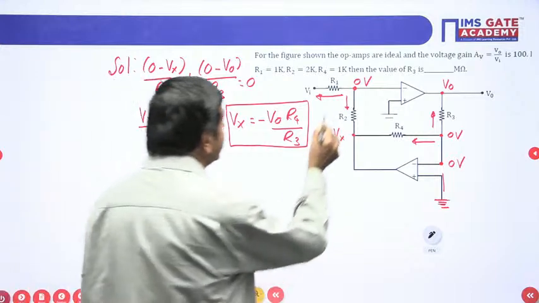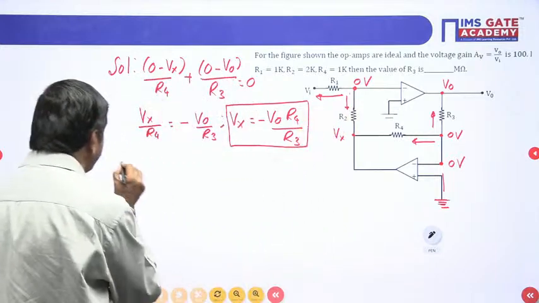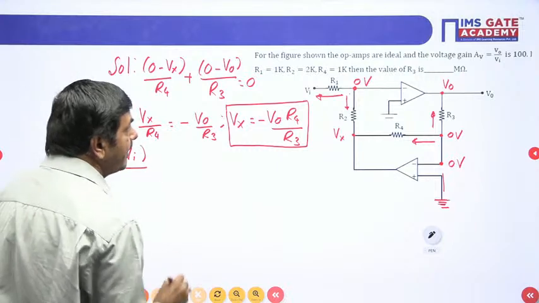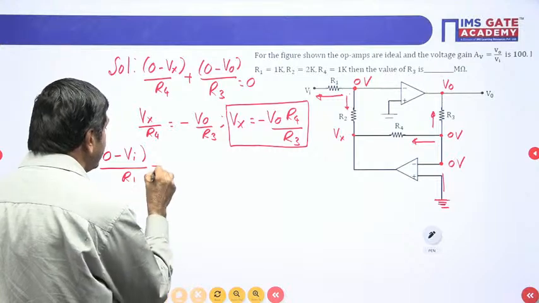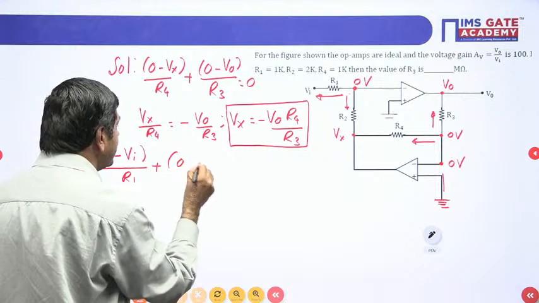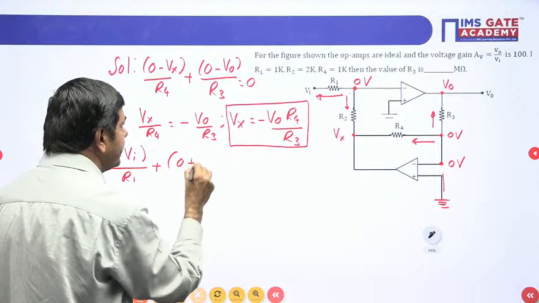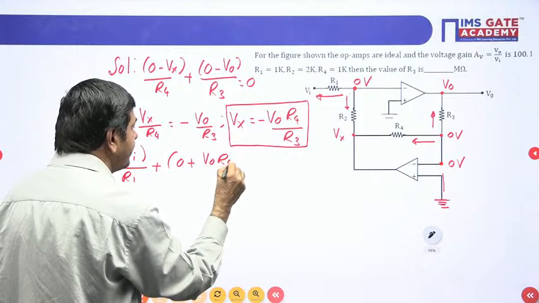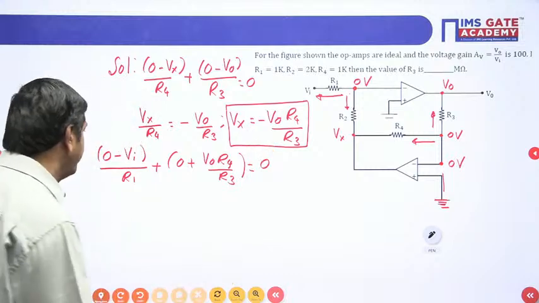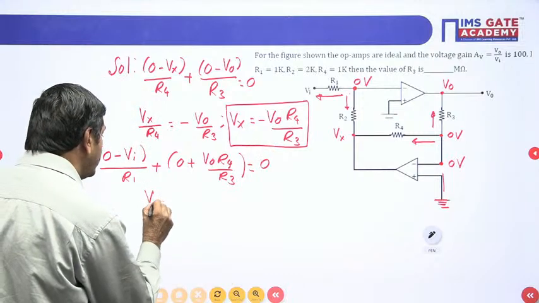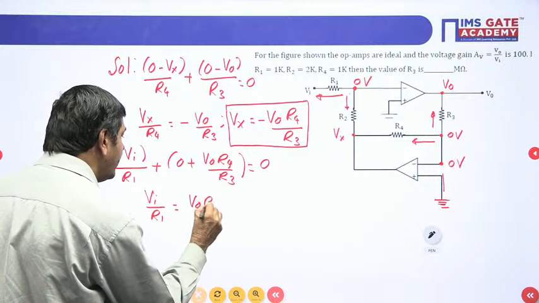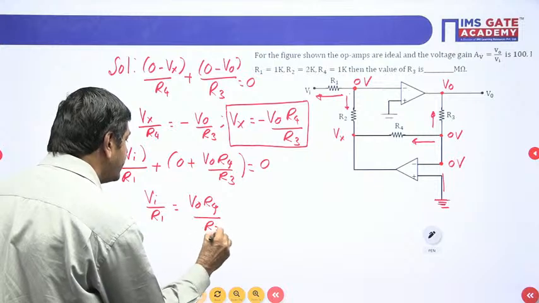How can we measure the current in this direction? 0 minus Vi divided by R1, plus this current is 0 minus Vx, which is plus V naught into R4 by R3. This is equal to 0. So Vi by R1 equals V naught R4 by R3, I can write.